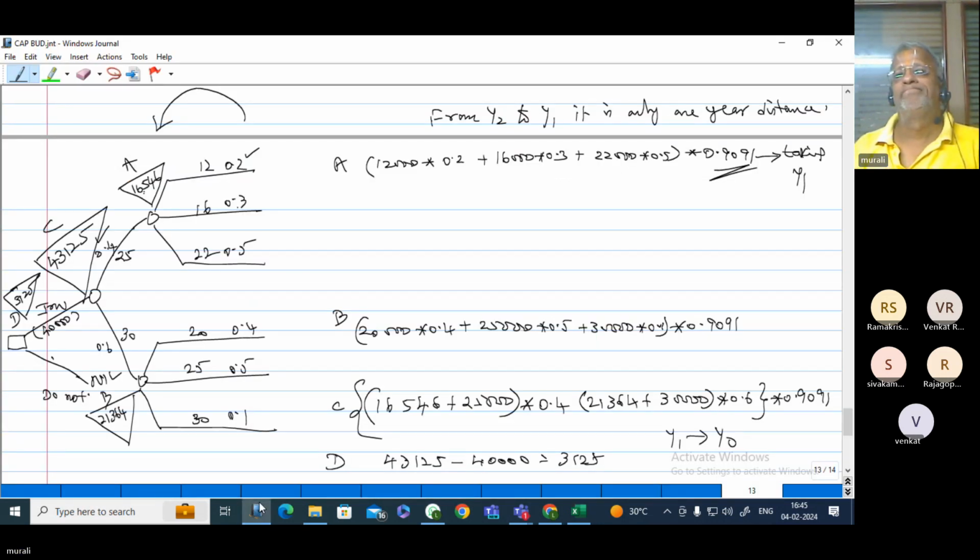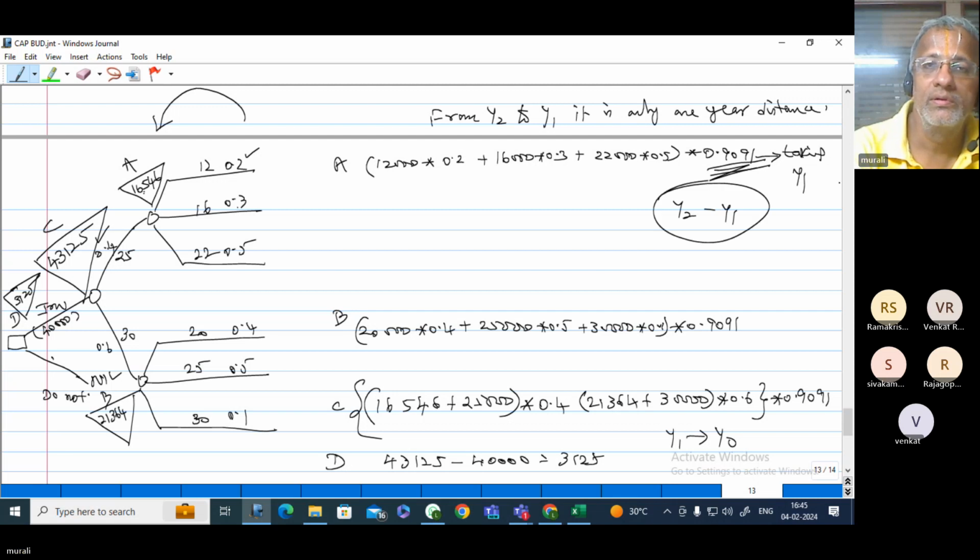Are you clear? Sir, I have one doubt. From year 2 to year 1, we are taking 0.9091 as the PV factor. Why are we taking the same PV factor for year 1 to year 0 as well? Because 0.9091 we are taking from year number 2 to year number 1. Understood?